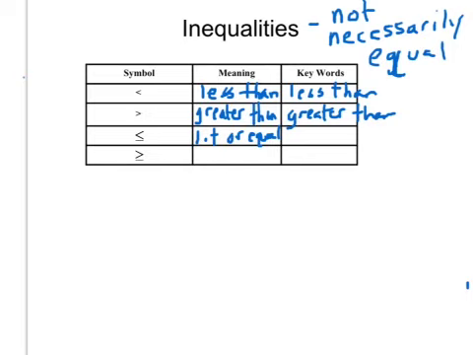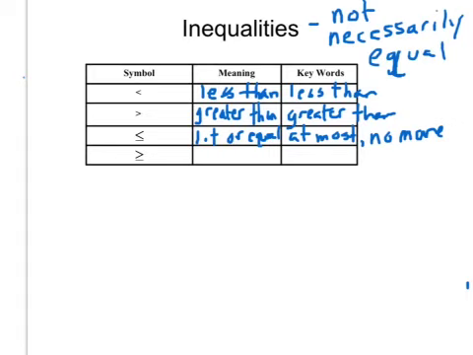Now when you see the words at most or no more, that means less than or equal to, meaning it could be that much or it's got to be less than that. So Mr. Ayers weighs at most 175 pounds. Mr. Ayers weighs no more than 175 pounds. Means I could be 175 or less, but I'm not more than that.